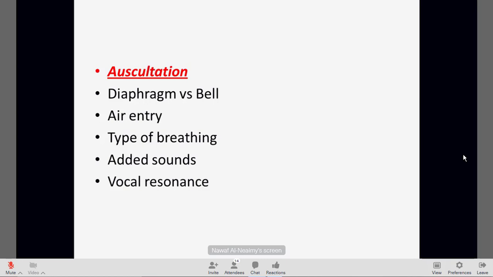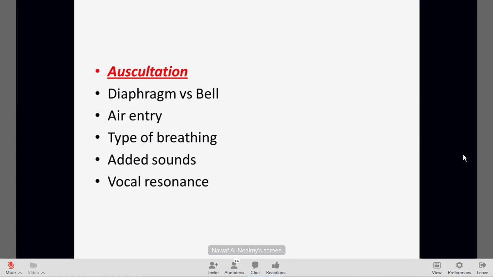This is done to overcome the transmitted sounds. أي شيء ممكن يكون موجود بالأنف ممكن يصير عندي transmission of sound. يعني إذا كان عندي secretion in the nose ممكن يجيني bubbling sound فأتوهم أفسرها إنها crackles. أو ممكن يكون عنده nasal obstruction or narrowing due to septal deviation or edema, flu or anything.